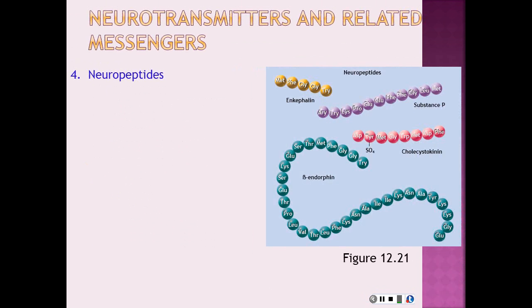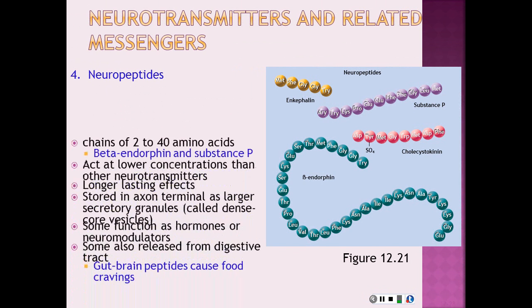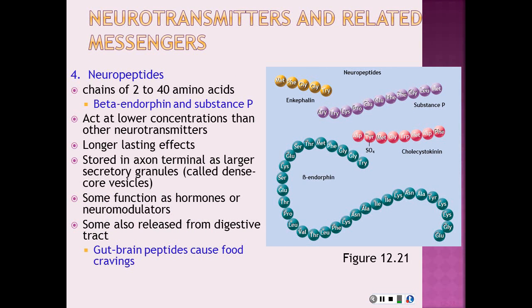The fourth group is our neuropeptides. Neuropeptides are chains of 2 to 40 amino acids, and they typically act in lower concentrations and have longer lasting effects than other neurotransmitters, and are stored in larger secretory granules.